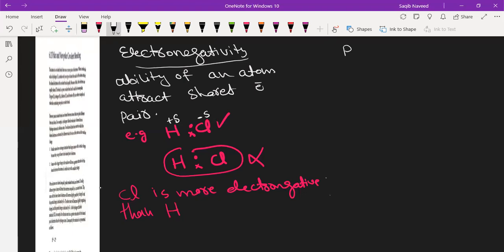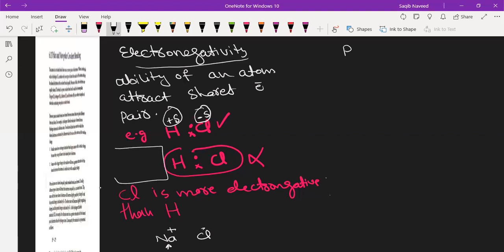I repeat, complete positive is like Na plus and Cl minus. Complete positive means when the atom has lost the electron from its shell. And negative means when it has gained an extra electron. So partial positive means it is less electronegative, and partial negative like chlorine means it is more electronegative. So who is the strongest electronegative element in the periodic table?